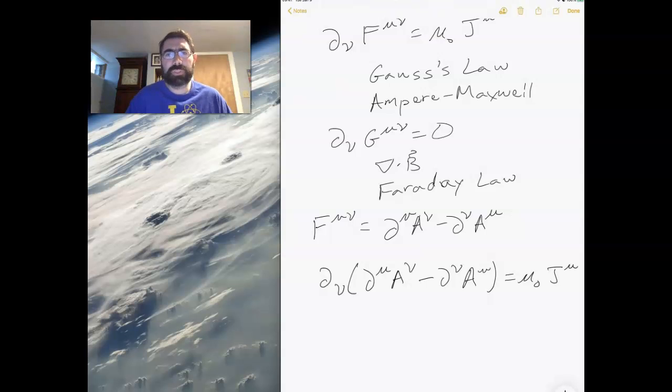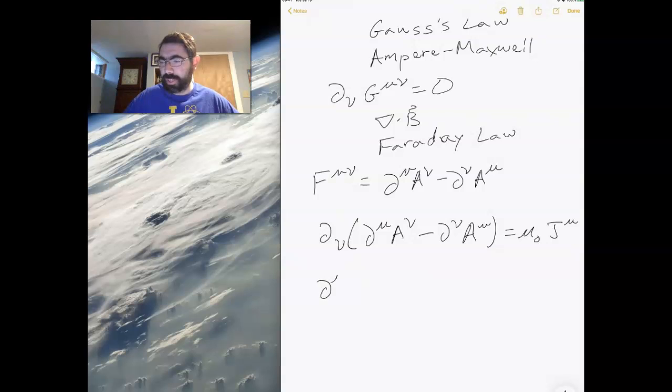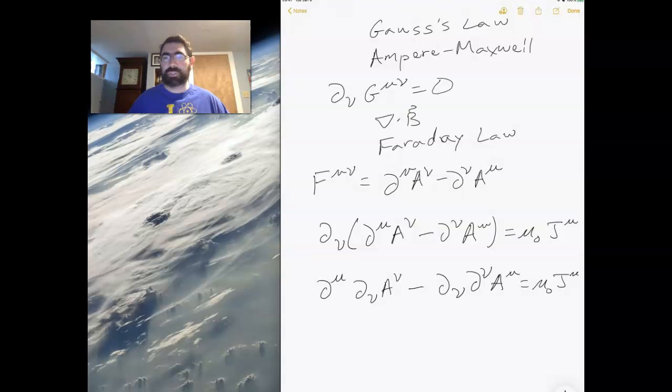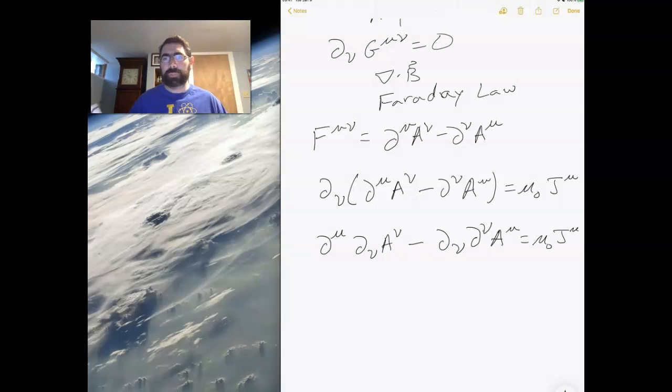With these derivatives, the order of operation doesn't matter, so I could rearrange this and have d mu times the divergence of the field minus, now the dot product is between the derivatives, like so. I prefer this form because you can actually see which operators are the dot product between. But you could write it as this.